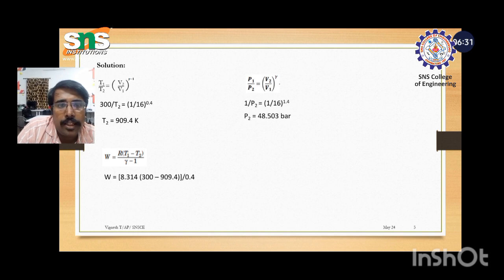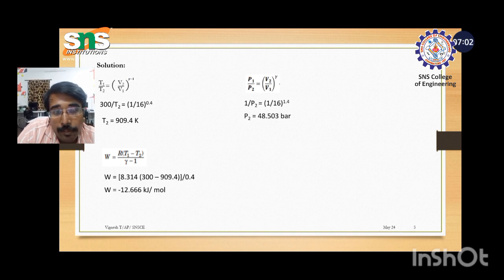For the work done formula, W is equal to R into (T1 minus T2) the whole divided by (gamma minus 1), where R is the universal gas constant, around 8.314. The initial temperature has been given and the final temperature we found, so substitute these values and you get the work done as minus 12.66 kilojoule per mole.